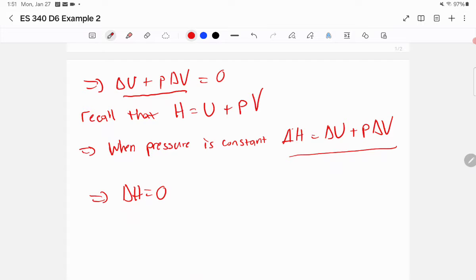Okay? Now, we have phase changes going on, so that means that we're changing the enthalpy. We're changing the enthalpy by changing the volume, right? When you change from solid to liquid, you change the volume, so you get an enthalpy change there.